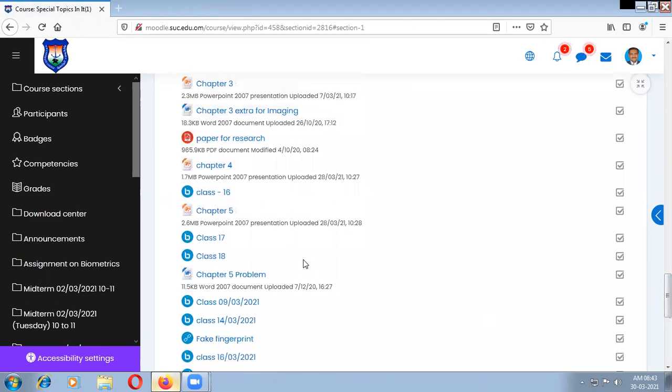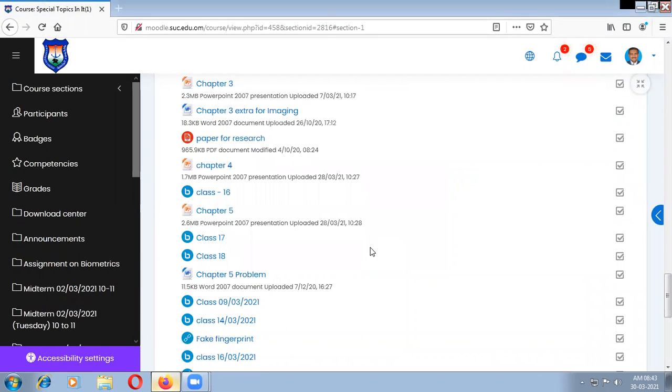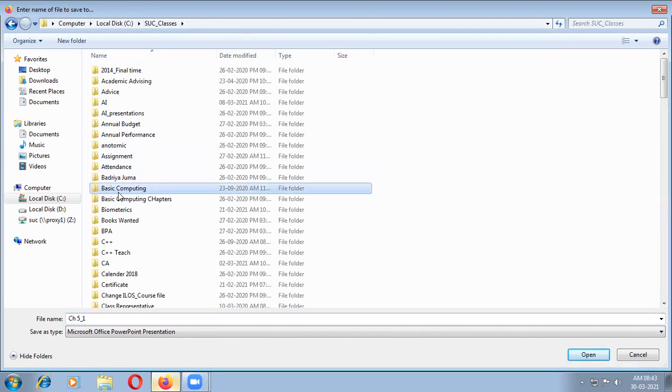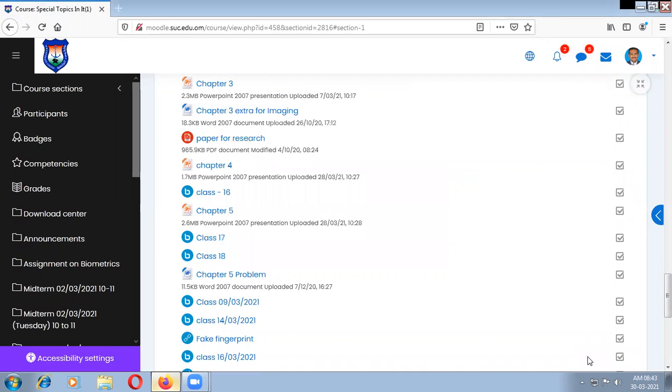I updated the recent content, what is right now available, so all students can study and understand how iris normalization will be carried out.